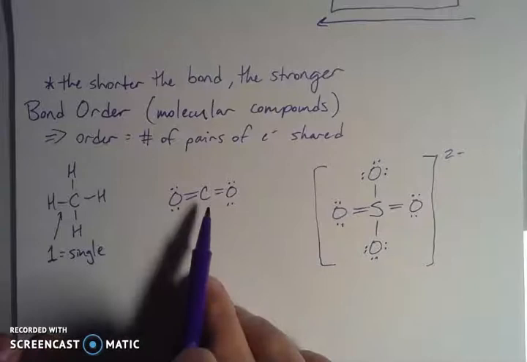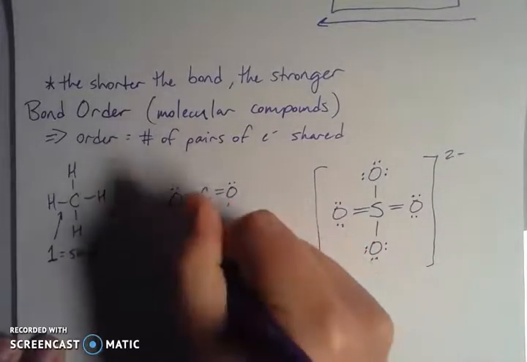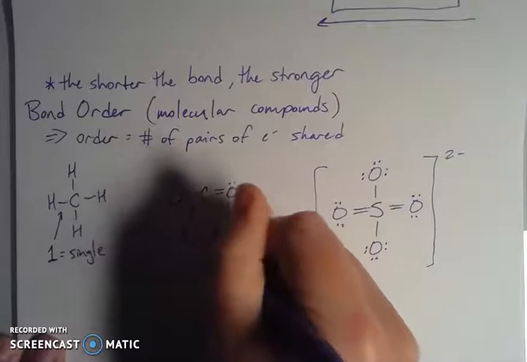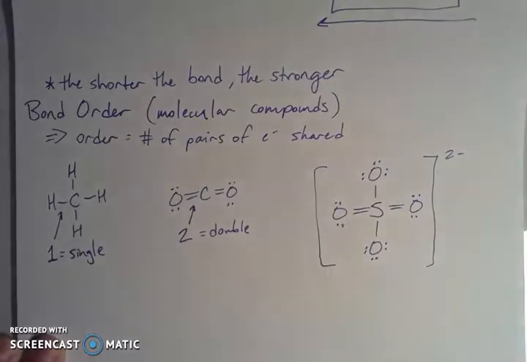Whereas in my carbon dioxide here, I have 2 shared pairs of electrons between my carbon and my oxygen. So I would say that this is second order, which means that it's a double bond. And if I had a triple bond, then it would be third order if we're talking about our bond order.